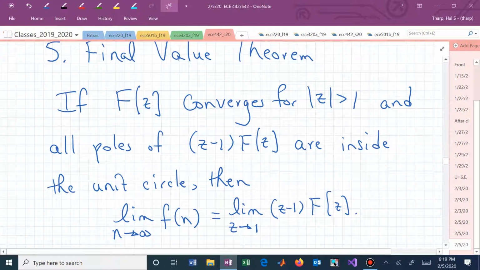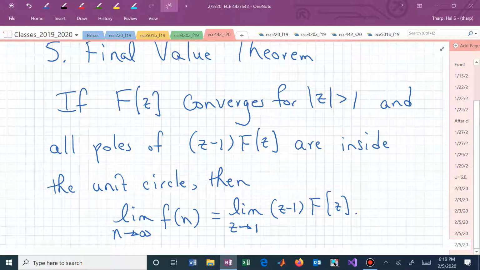Suppose we now have capital F of Z, we have that transform, and we're saying it converges for magnitude of Z bigger than 1. Do you see what that means? Where's the region of convergence? Now the region of convergence needs to include everything outside of Z equal to 1.